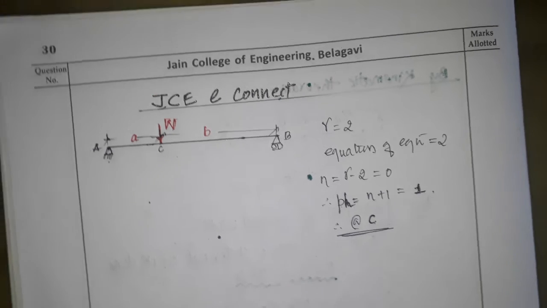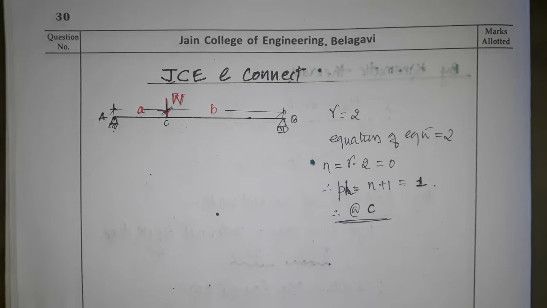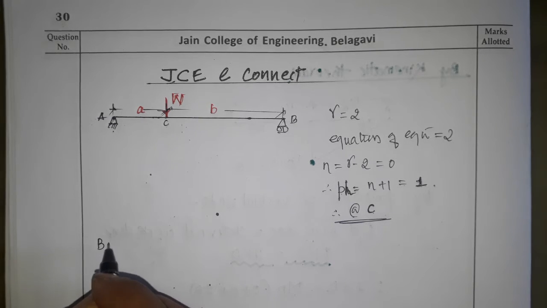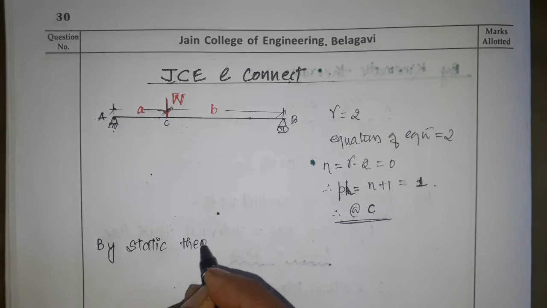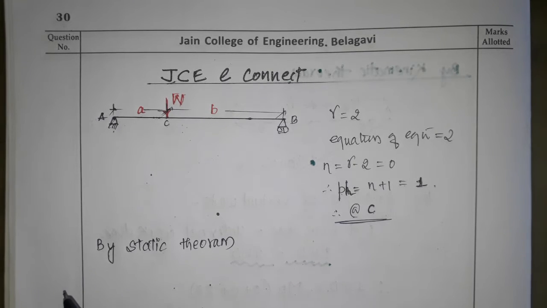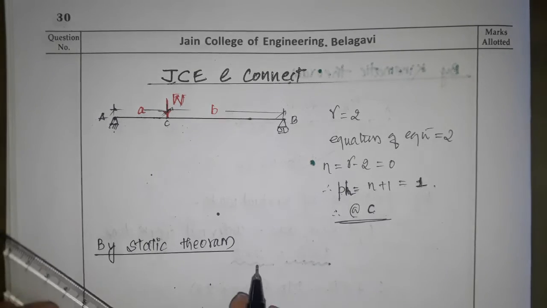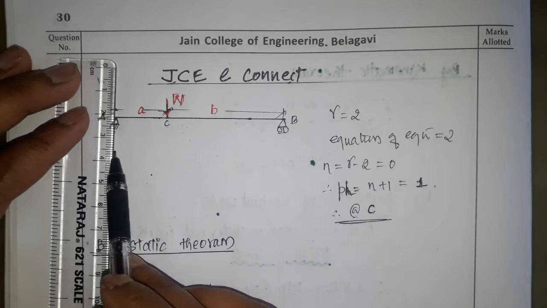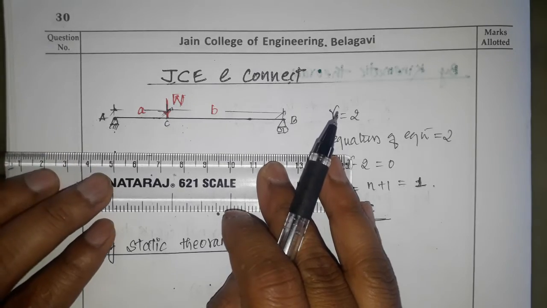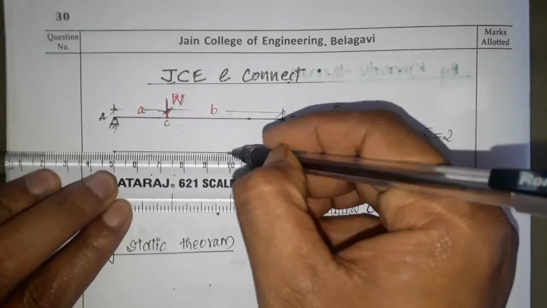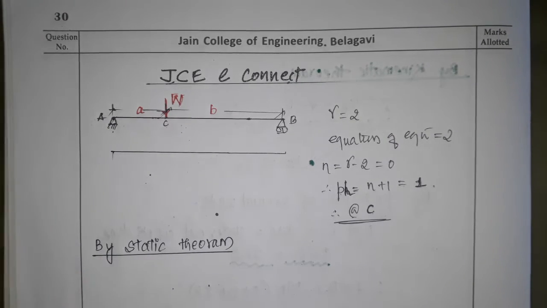So first of all by the static theorem. Here we have the bending moment diagram, so we will draw the shape now, because for the static theorem we should know the bending moment diagram.